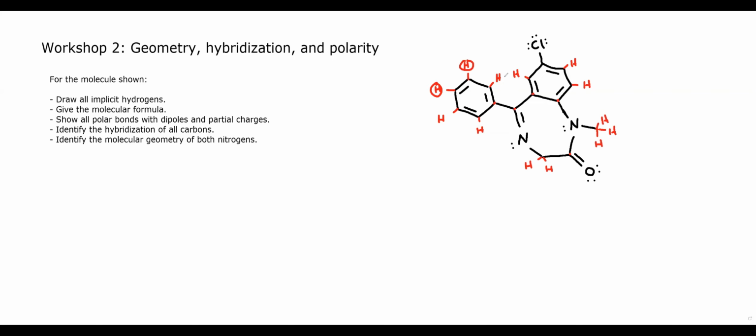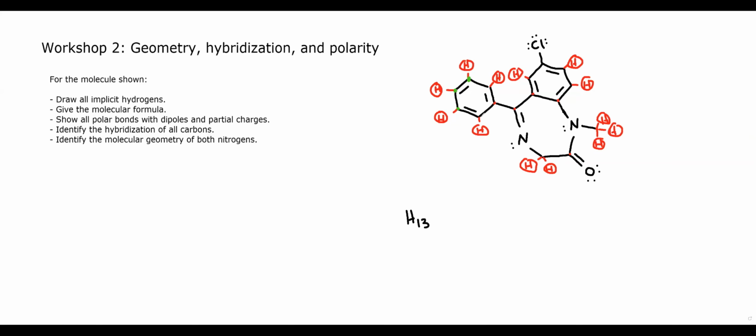Okay. So with all these drawn up, let's count them. We have 1, 2, 3, 4, 5, 6, 7, 8, 9, 10, 11, 12, 13. So when we draw our molecular formula, we will have H13. How many carbons? Let's put green dots for all the carbons. Remember, at all the vertices of the lines there's a carbon.